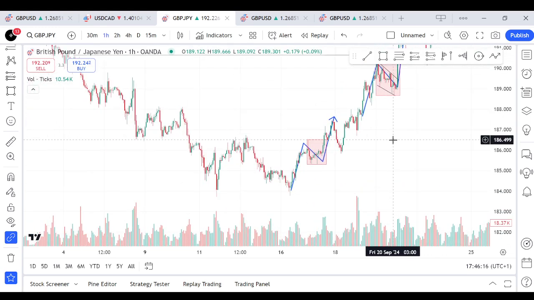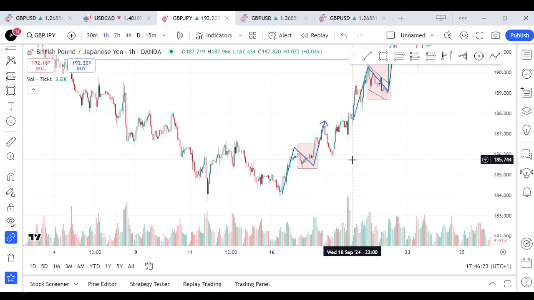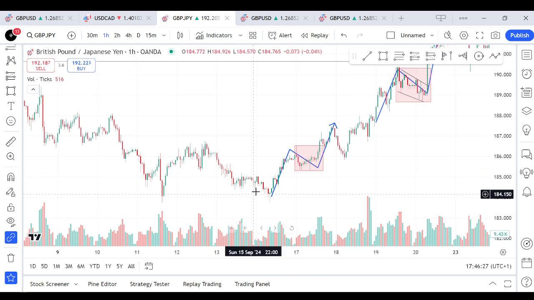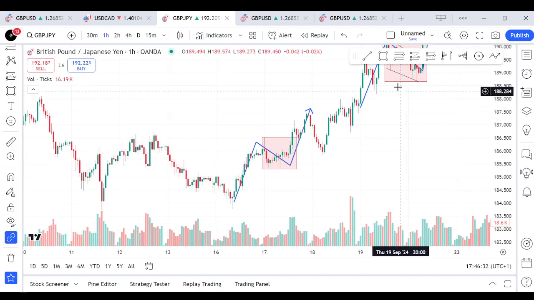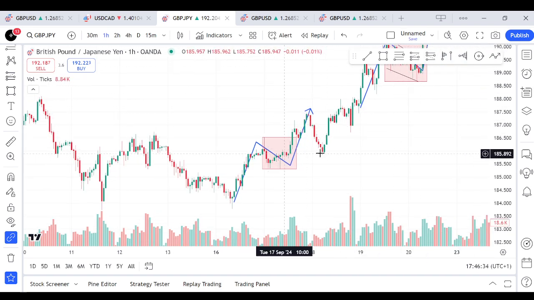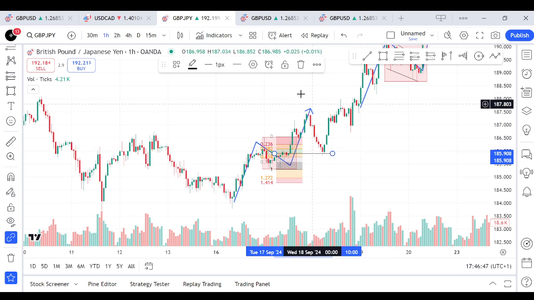But if you are more conservative and like to take a more conservative approach, this means waiting for a retest of the broken resistance. For example, this is a rally, the base and the rally. So it's expected that price should pull back to this support. Anywhere within this support, it could be the 50% of the support, like here, price retraced to the 50% of the support and pushed to the upside.